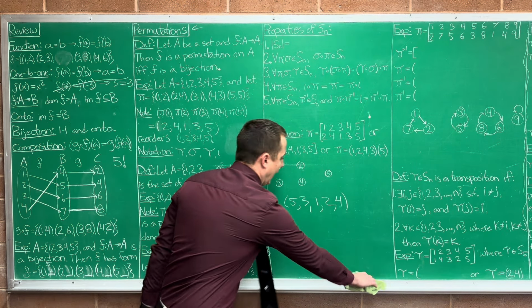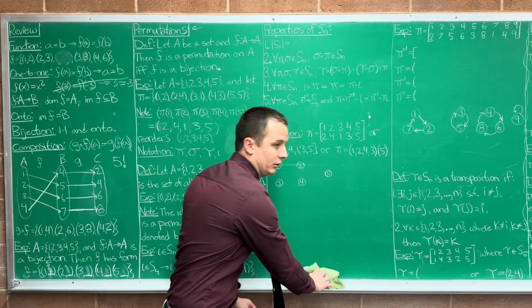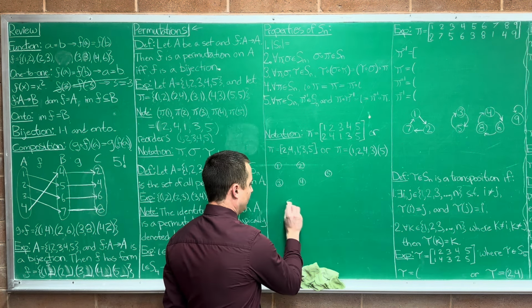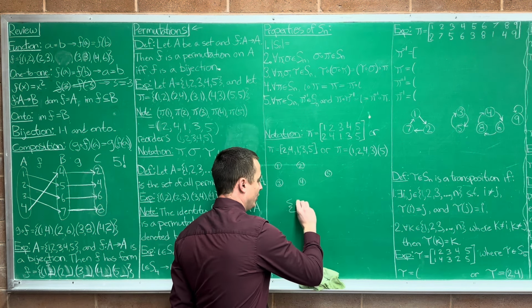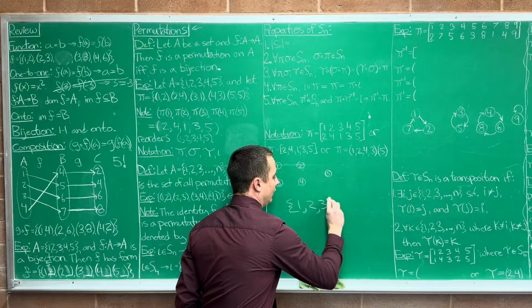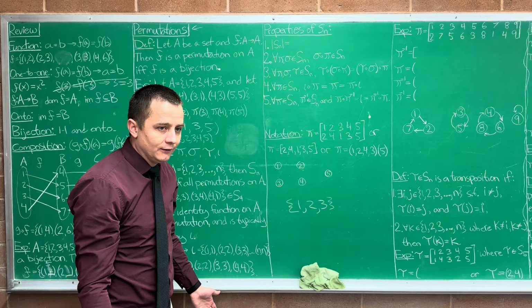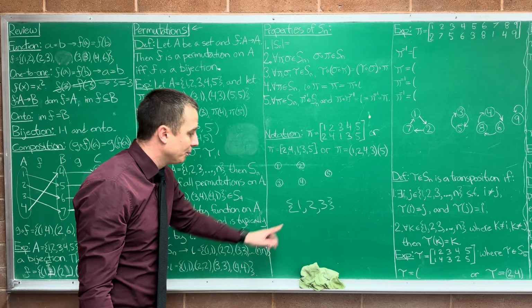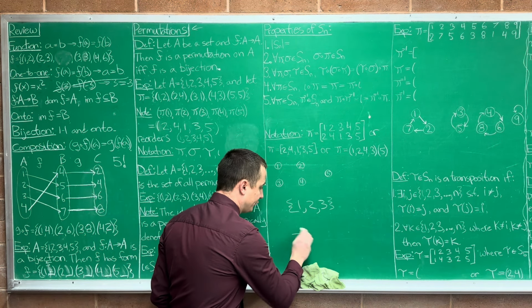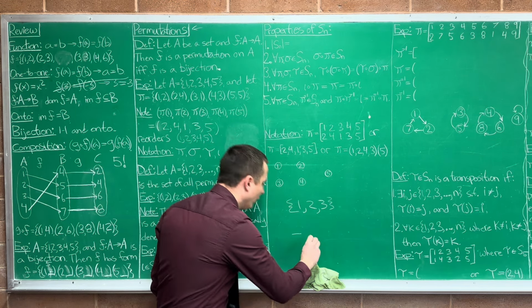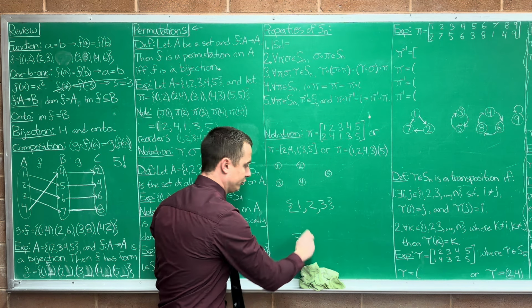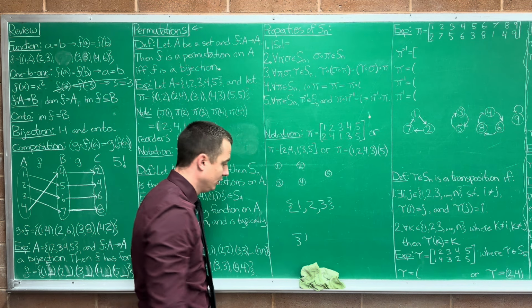And if I have the set, going back to our old counting problems, if I have a set here that has 3 objects in it, 1, 2, 3, whatever they are, how many different ways can I order those objects? 3 factorial. I got to pick something to come first, so I have 3 options for what comes first. Once I pick that, how many options for what comes second? 2.